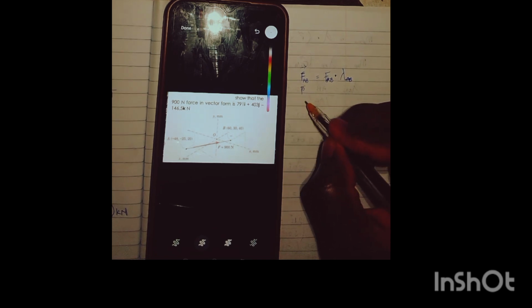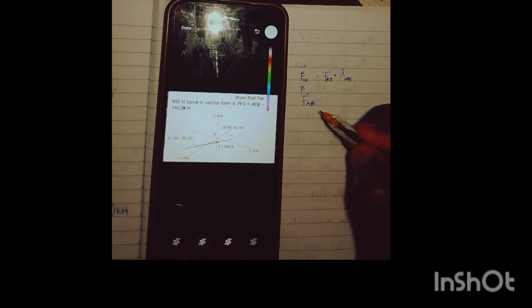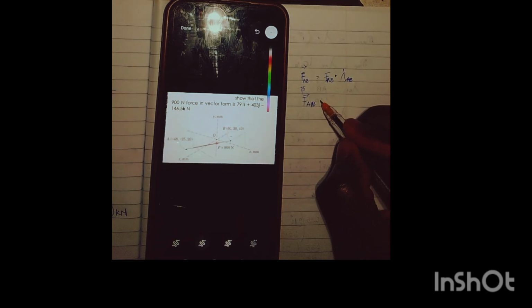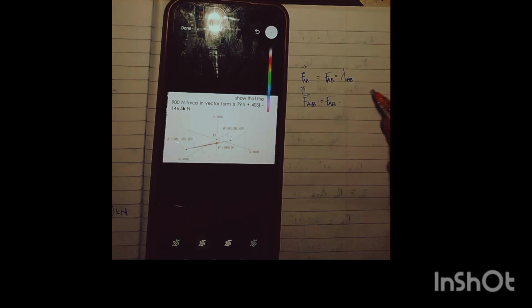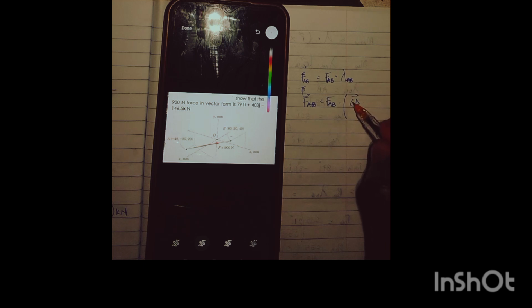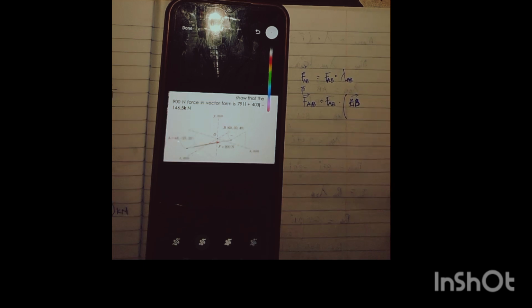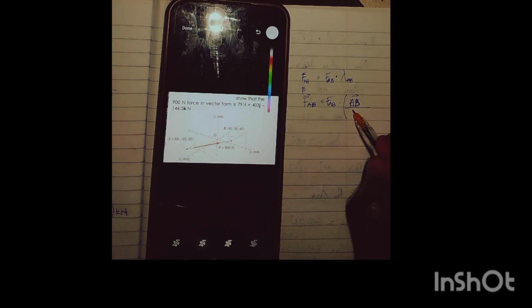That means in this case we'll be having this particular force from A to B, the force AB dot the position from A to B over the magnitude of this particular position.